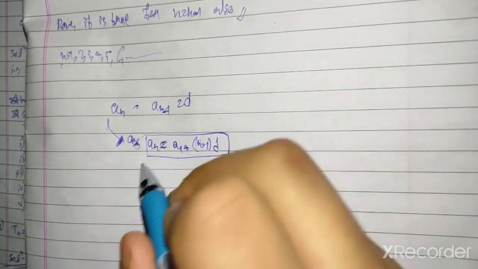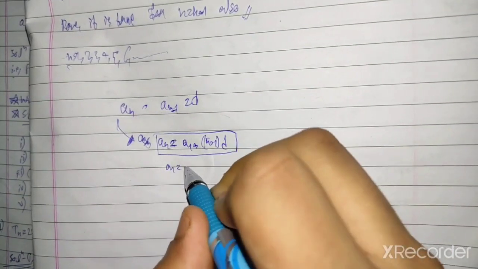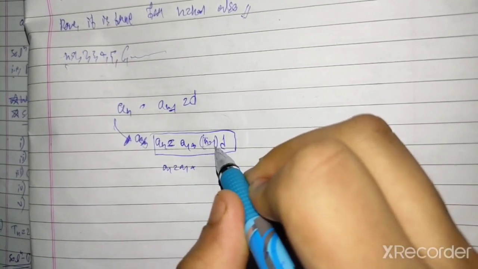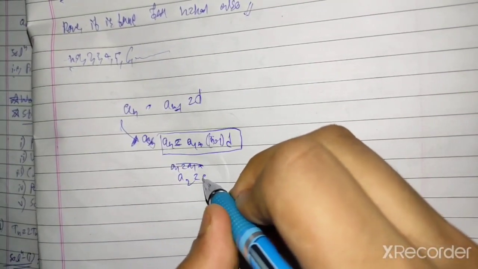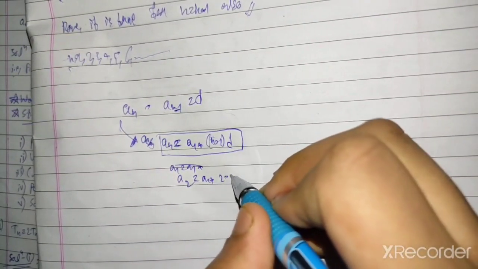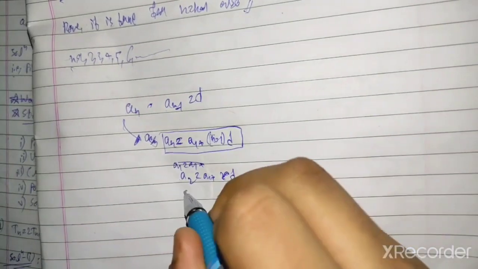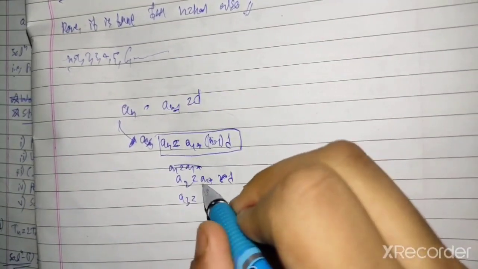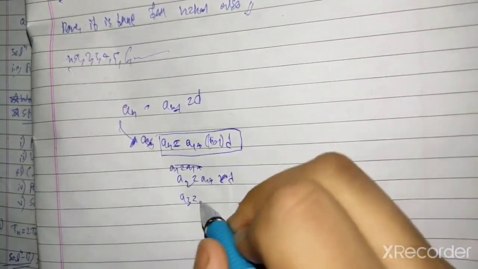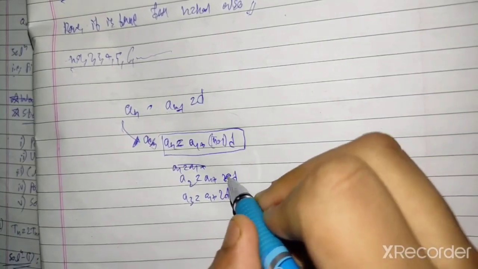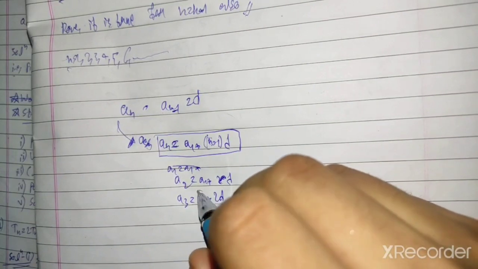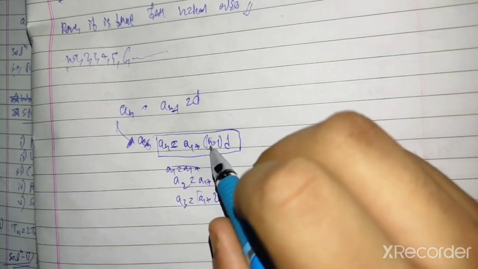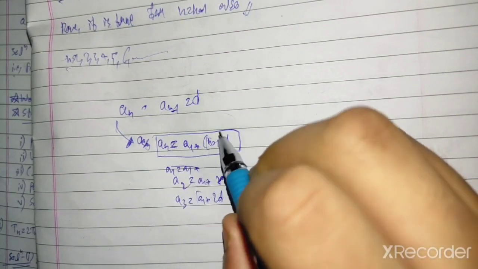Put n equal to 1: a_1 is a_1 plus 1 minus 1 times d, that is 0, satisfying. Put n equal to 2: a_2 is a_1 plus 2 minus 1, that is 1 times d. Put n equal to 3: a_3 is a_1 plus 2d. Fine, this is the solution. Here a_1 and d are constants. It is depending on n, and no previous term is here.